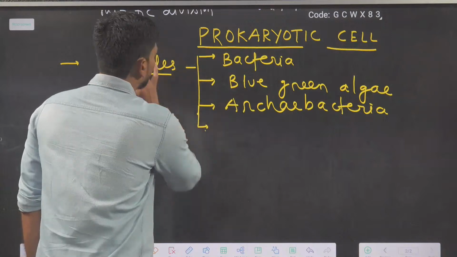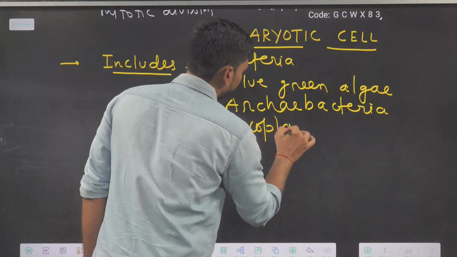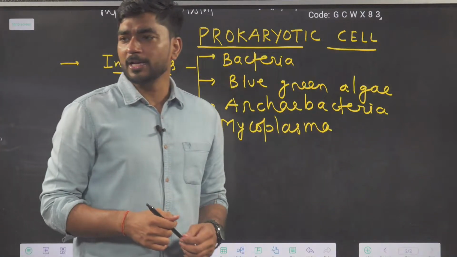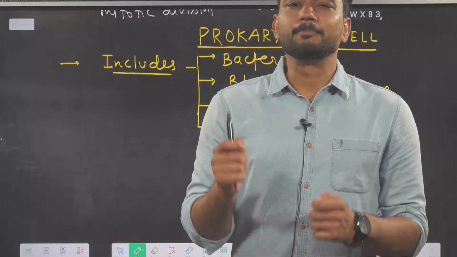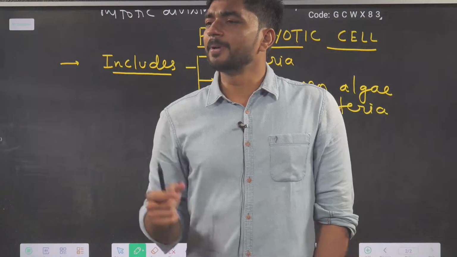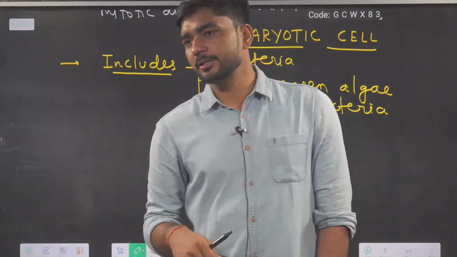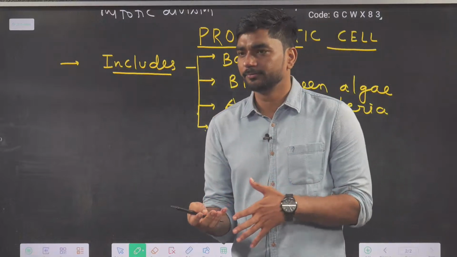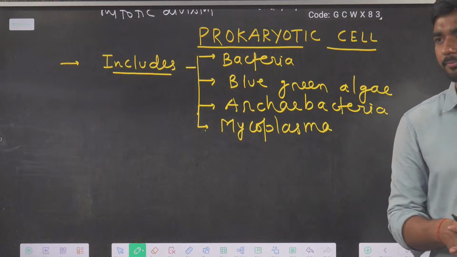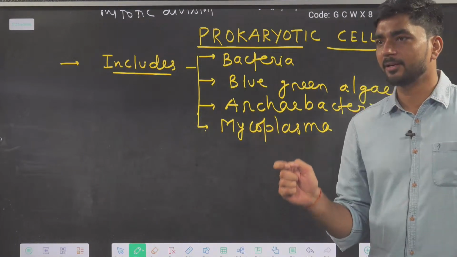Is this includes also, that is nothing but the mycoplasma. And mycoplasma, or we can say it's nothing but a PPLO, or we can say pleuropneumonia. Obviously water bloom is bad for us because it will pollute the water. So PPLO is nothing but the pleuropneumonia-like organism.